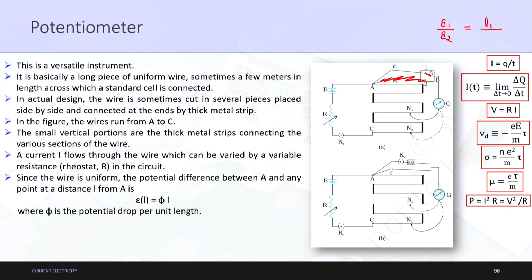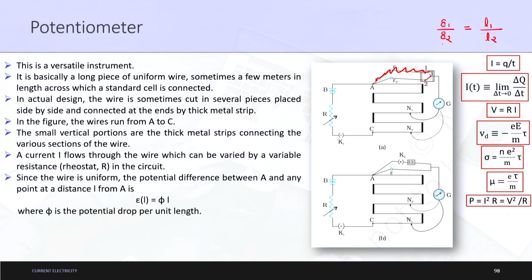Similarly, again we ignored this portion for once, we connected 2 and 3 here, and we found the length, denoted by L2, such that the amount of current passing through this galvanometer is 0. We found the value of L2 and therefore we found the ratio of EMFs.